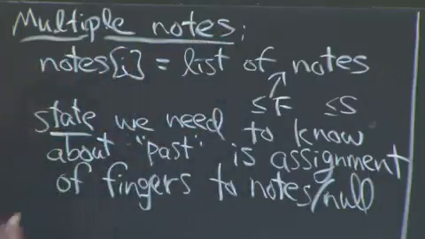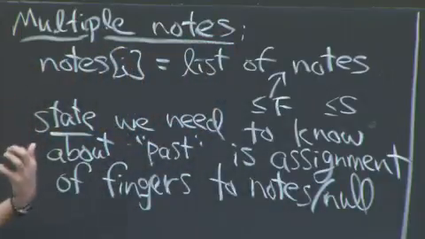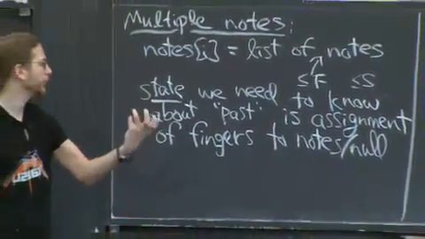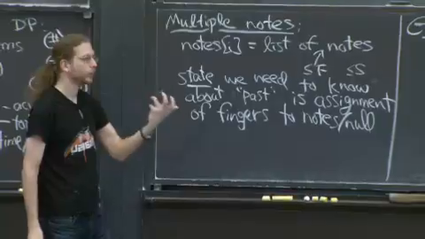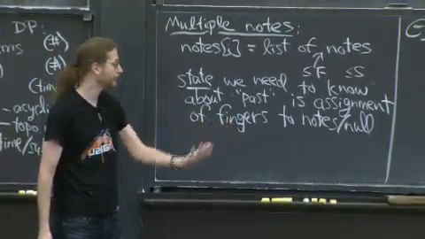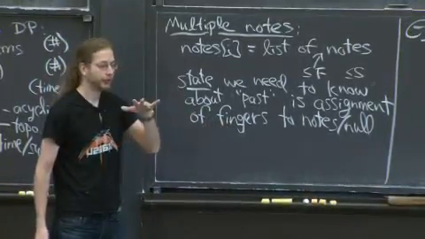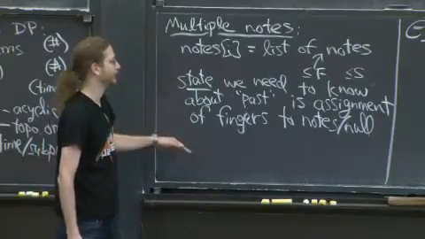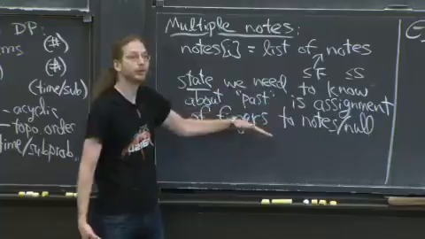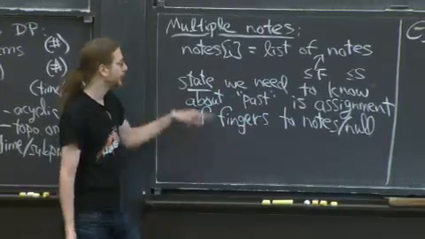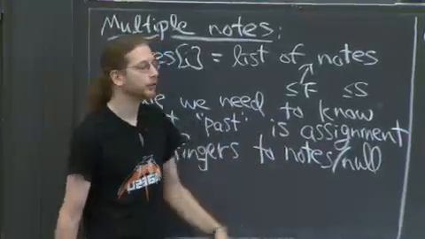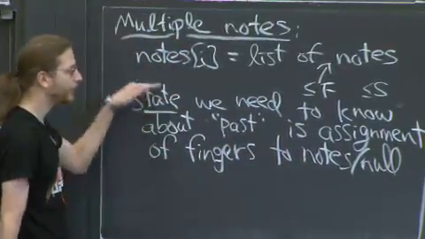Basically, now you need to know where all your fingers are. So you go from one pose to another pose, from one chord to another. Different ways to finger that. Which fingers are on which strings and which frets on the guitar, which fingers are on which keys on the keyboard. But you just need to know all of that. And now all your fingers might be doing something. And you've got to know for each finger, what note is it on, or is it not being used at all? So how many different ways to do such a mapping are there?